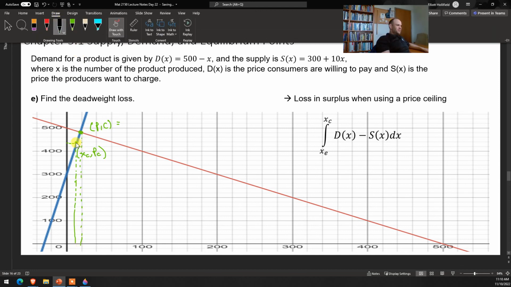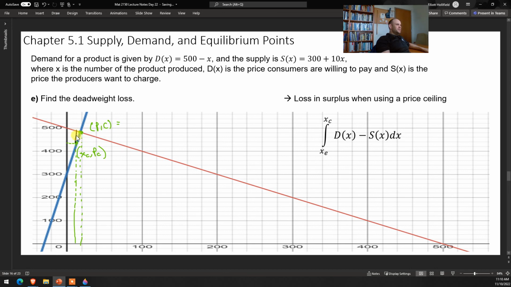And now, given the price cap, there's all this additional area between these two curves. And it's this region that we're going to call the deadweight loss. The loss in the price of the demand versus the producer, given that there was the price cap, versus the equilibrium. The area of this region is given by this integration.